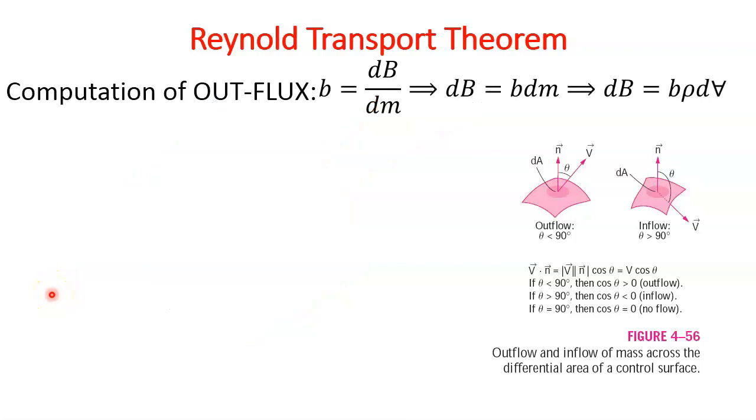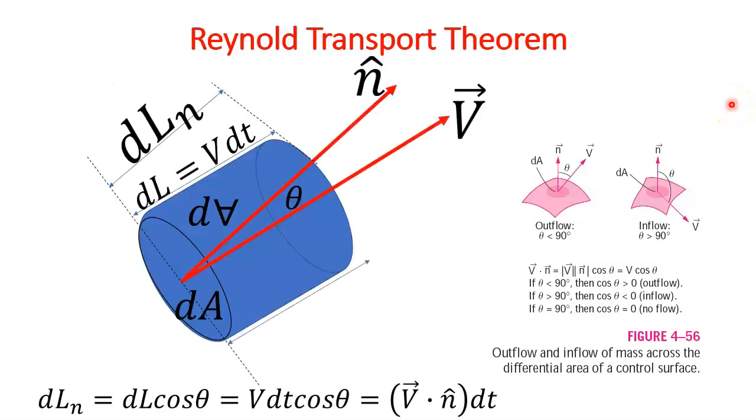Now we shall compute the outflux. Here, as we have discussed, the intensive property b is the extensive property per unit mass, and we can write dB equal to b dm. dm we can replace by rho dV.